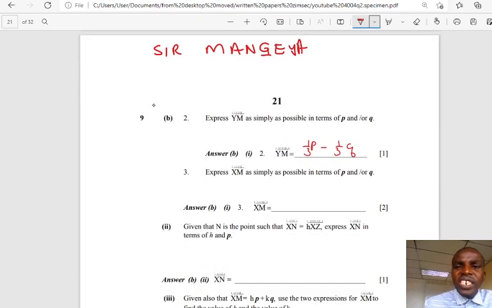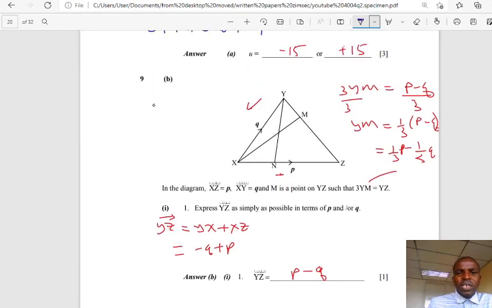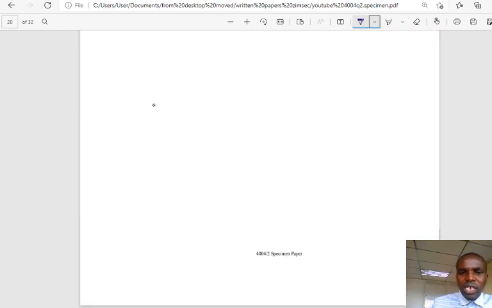Next, find xm, as simply as possible. Let's go up to where there is xm. We can say xm is xy plus ym, since we have found our ym here. Xm is xy plus ym, and xy is q, not p.